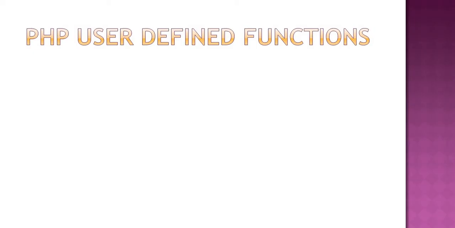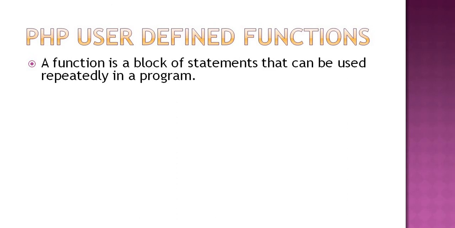PHP user-defined functions. A function is a block of statements that can be used repeatedly in a program. When you have written a function, you can call the function any number of times. As many times as you call, the block of statements written inside the function will be called.